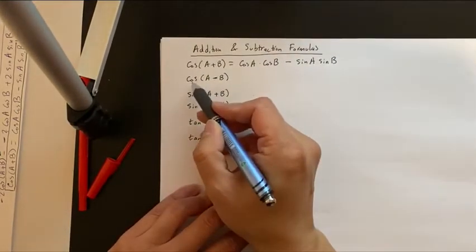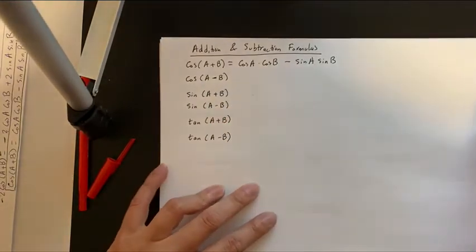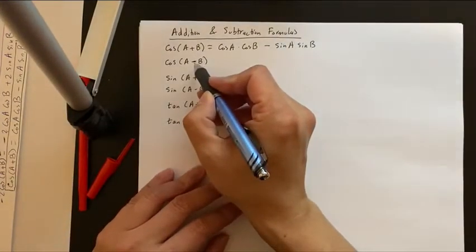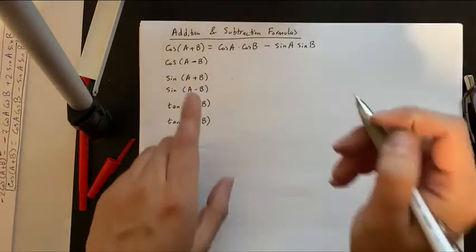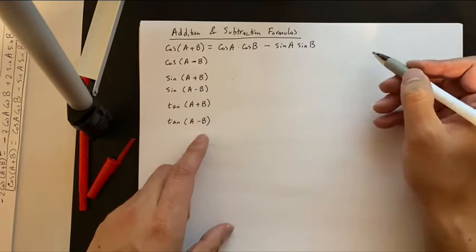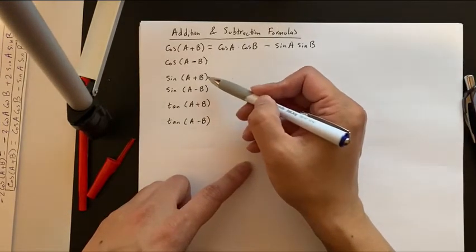So how do I figure out what is cosine of A minus B? Well, subtraction, you can rewrite it as addition. I'm going to do it for a first one. I'll do it for a second one.